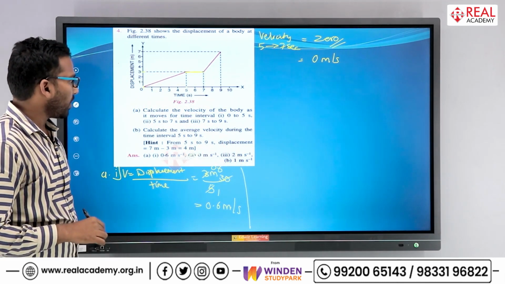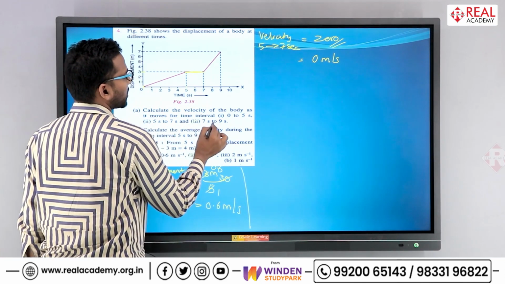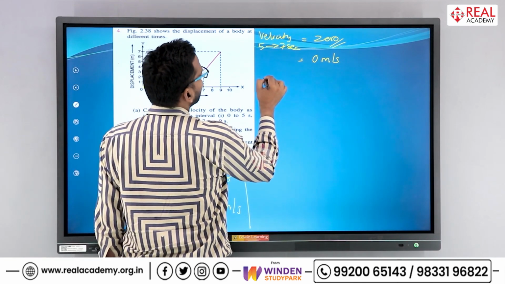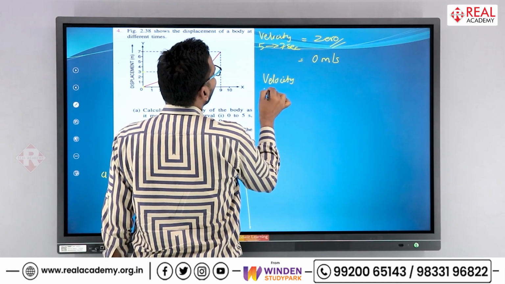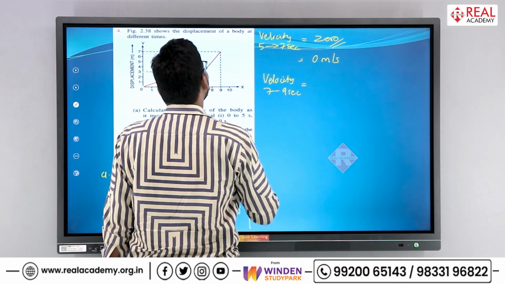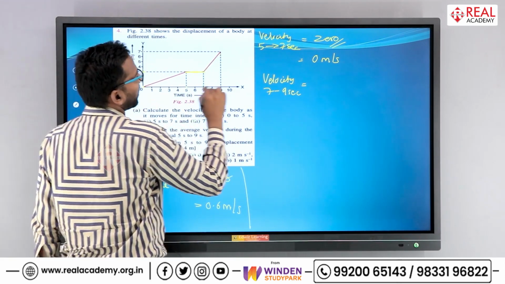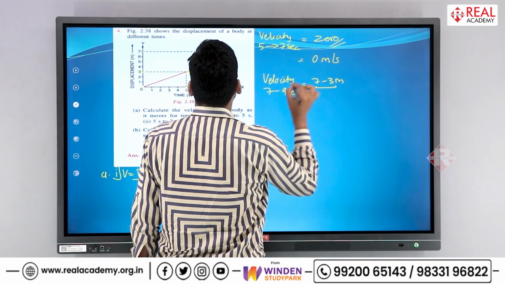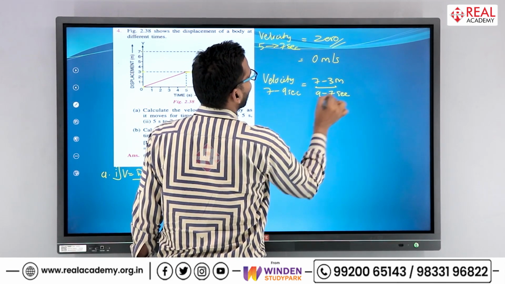Okay. Now the third one, 7 seconds to 9 seconds, which is 2 seconds. So velocity for 7 seconds to 9 seconds: distance travelled is from 3 to 7, that means 7 minus 3 meter upon total time 9 minus 7 seconds.